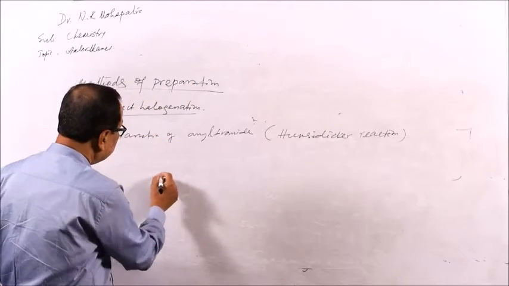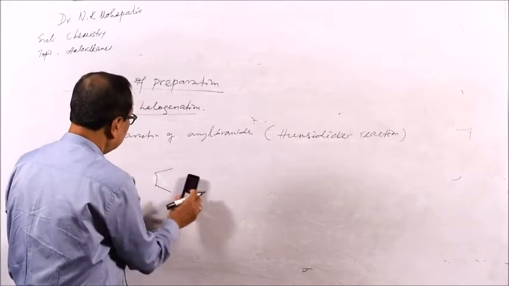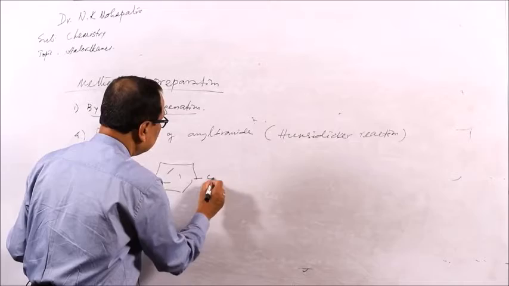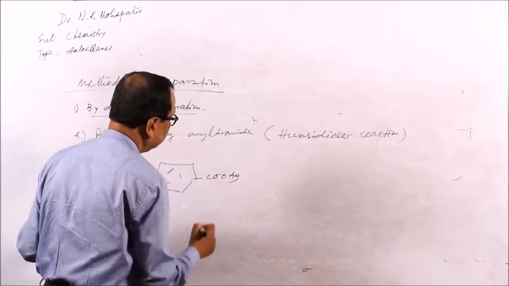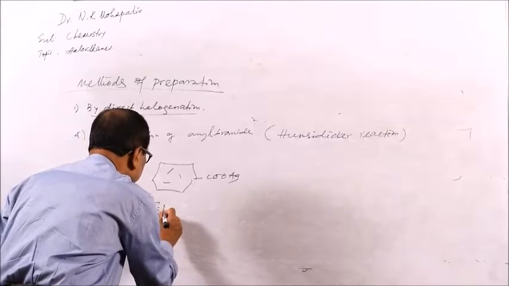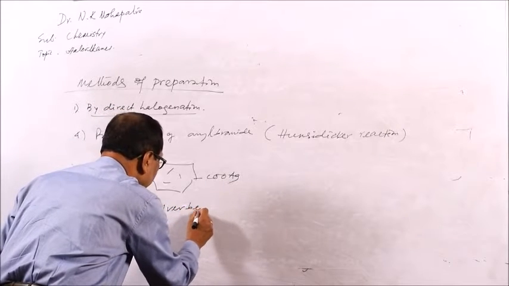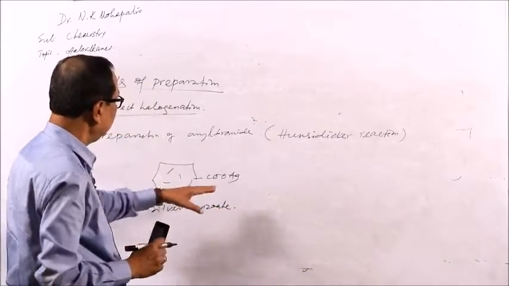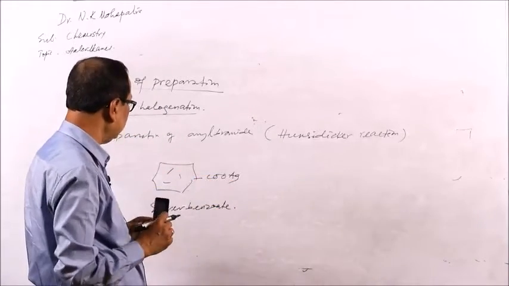That is, if you take C6H5COOAg, this is silver benzoate, the silver salt of benzoic acid.